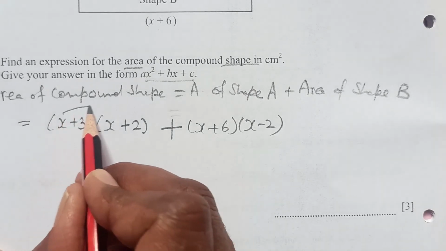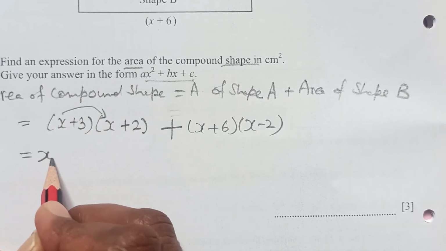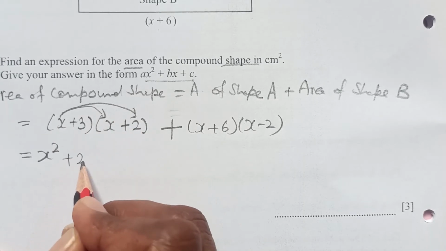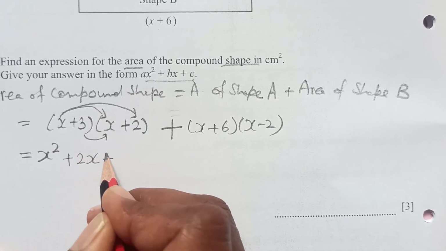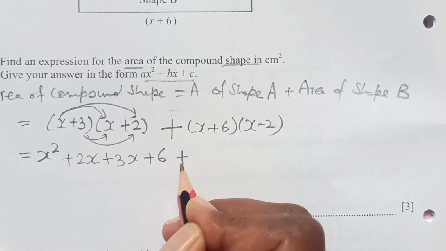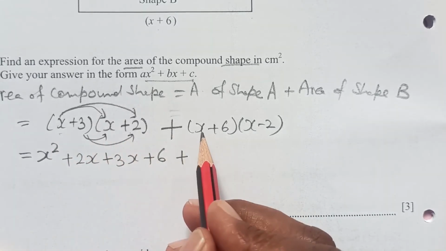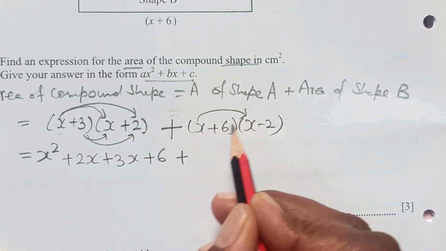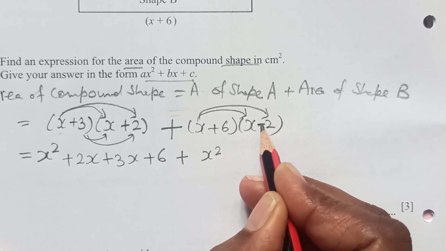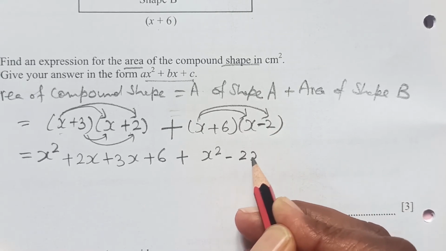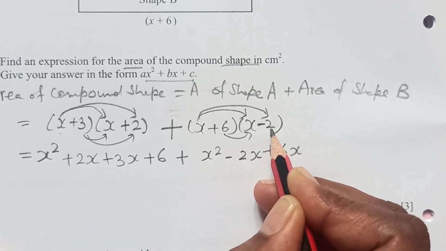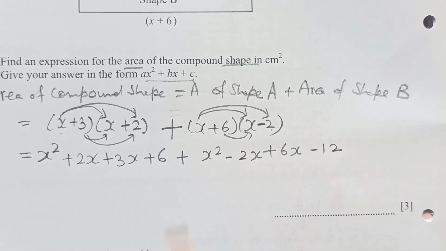So from here, x times x is x squared, then x times 2 is 2x, now plus 3x plus 3 times 2, it is 6, right? So we are done with this. Now second, again the same process, x times x is x squared. Here we have a negative sign, be careful, minus 2x, then plus 6x, 6 times negative 2 is negative 12, right?